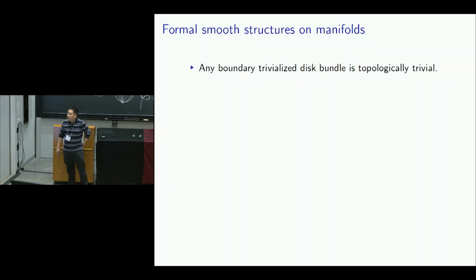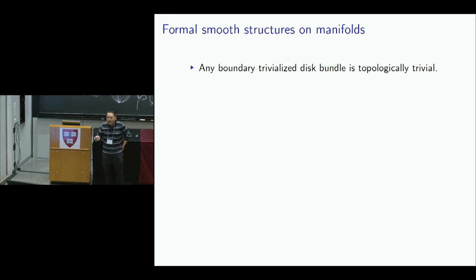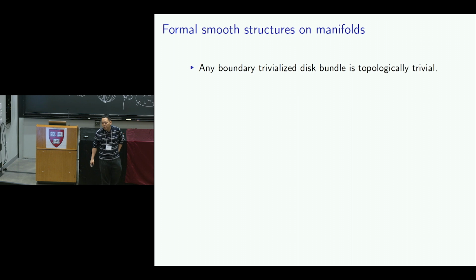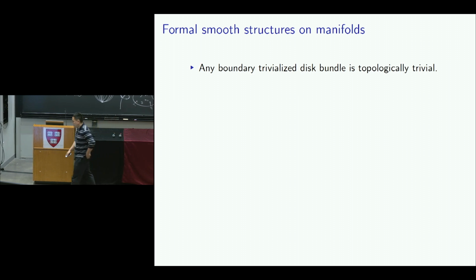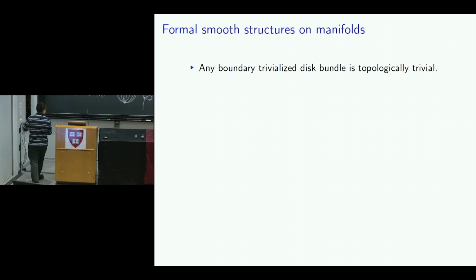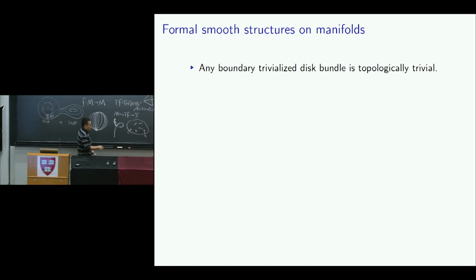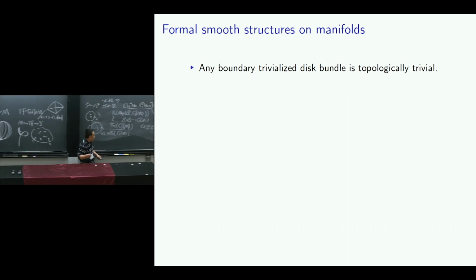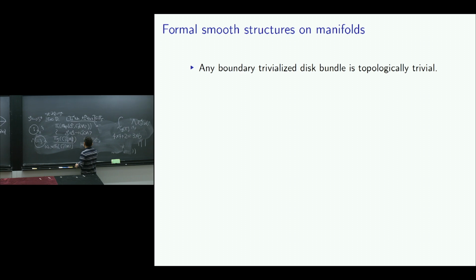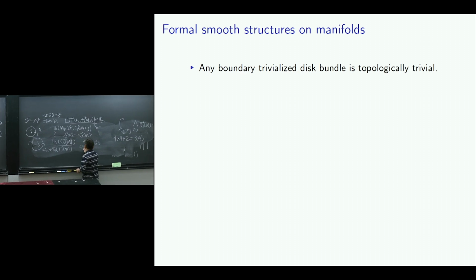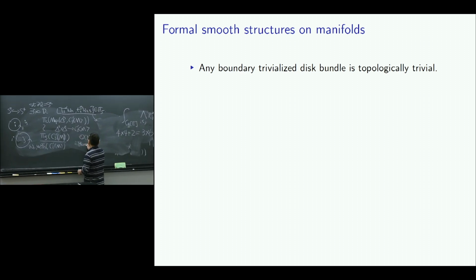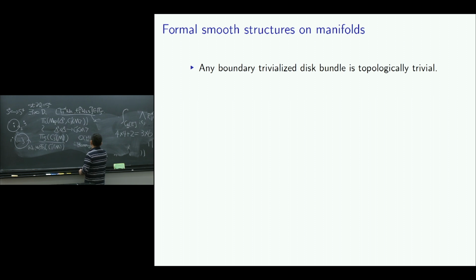Okay, and now one observation is that any boundary trivialized disk bundle is topologically trivial. Why is that? Because the structure group is sitting inside the homeomorphism group of the disk relative to the boundary.